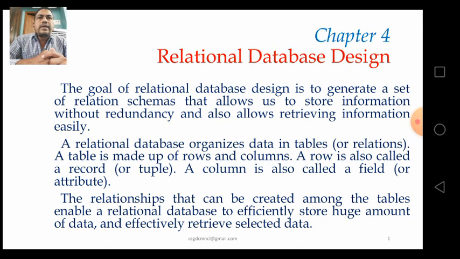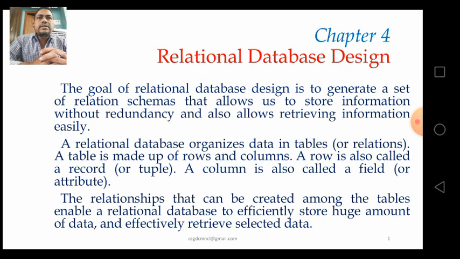The relational database organizes data in tables. A table is made up of rows and columns. A row is called a record or tuple. A column is also called a field or attribute.